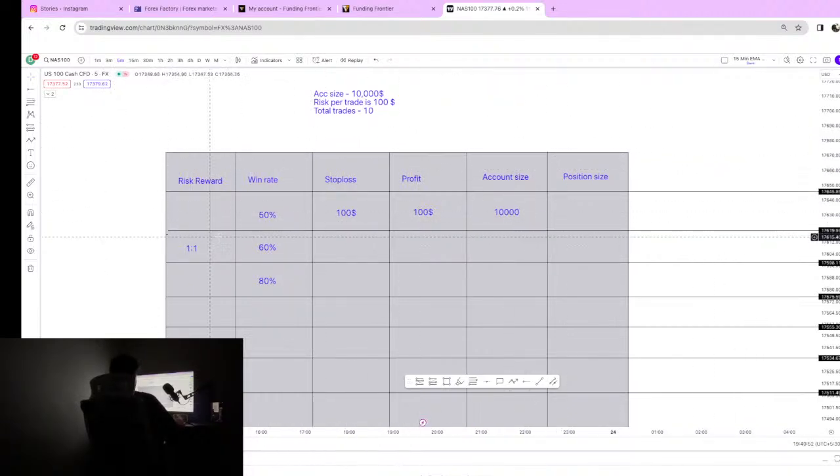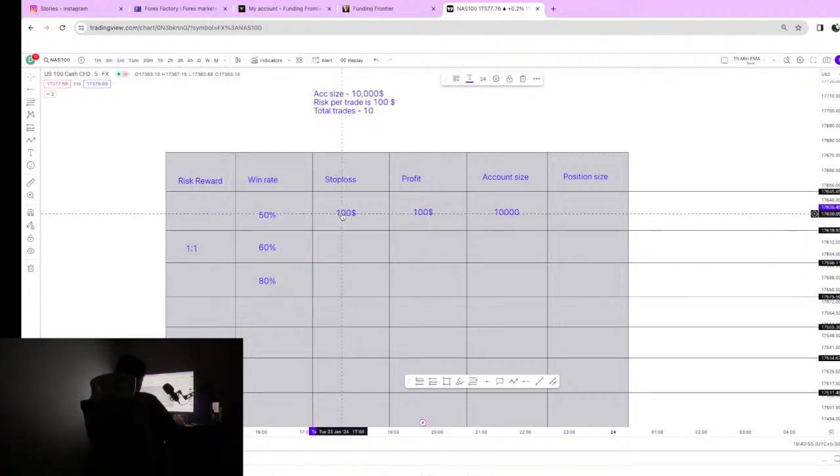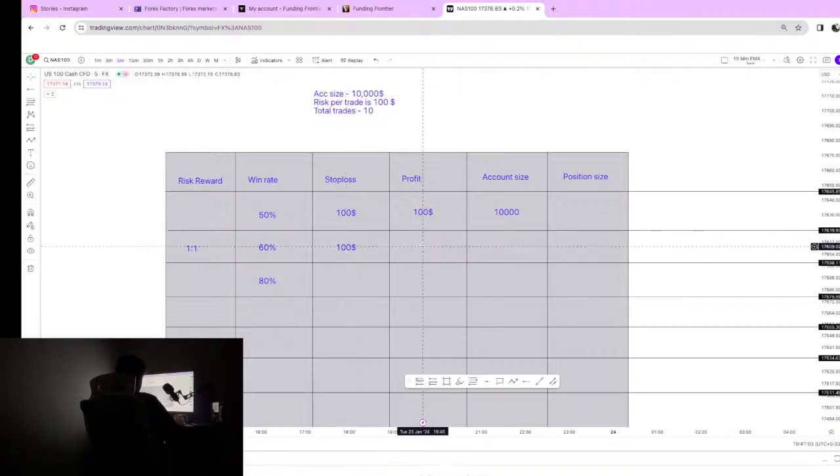Right. Now suppose your win rate is 60% and your win profit size is same 1 is to 1. Now what will be the account size after 10 trades? Tell fast.